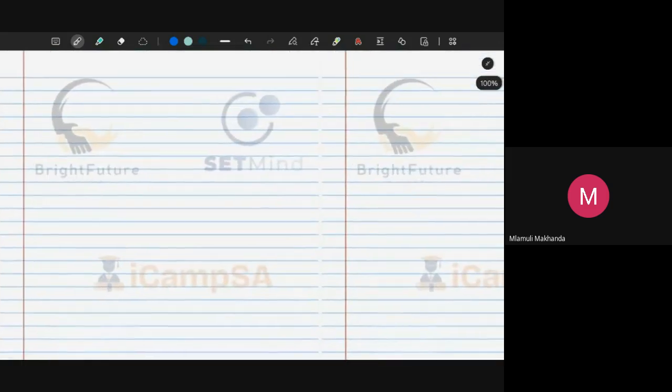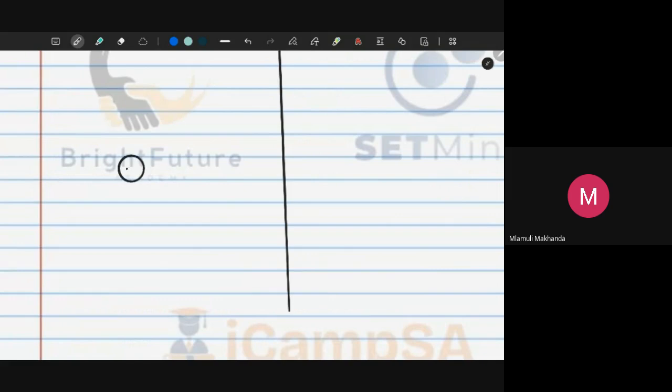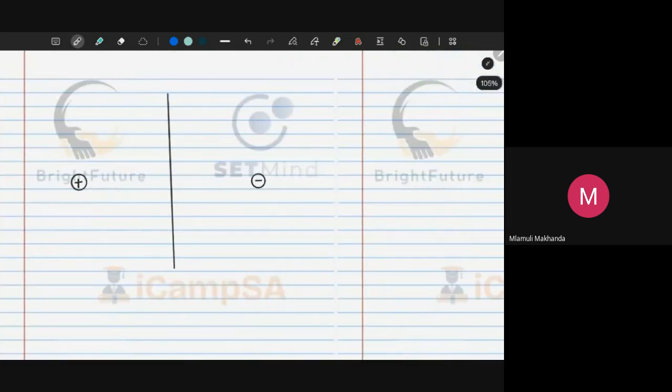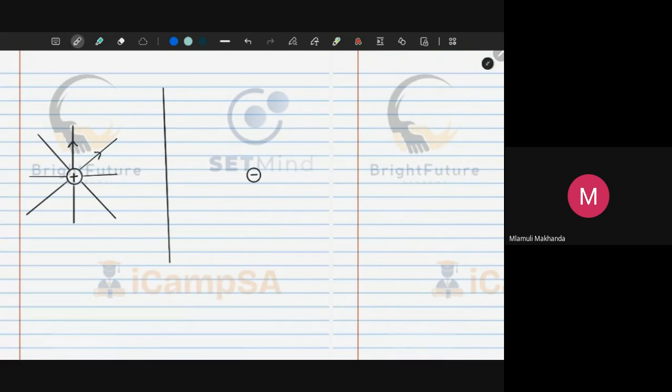Let's draw it. If it's positive, the lines, I mean the arrows, will be going out, while if it's negative, they will be coming in.